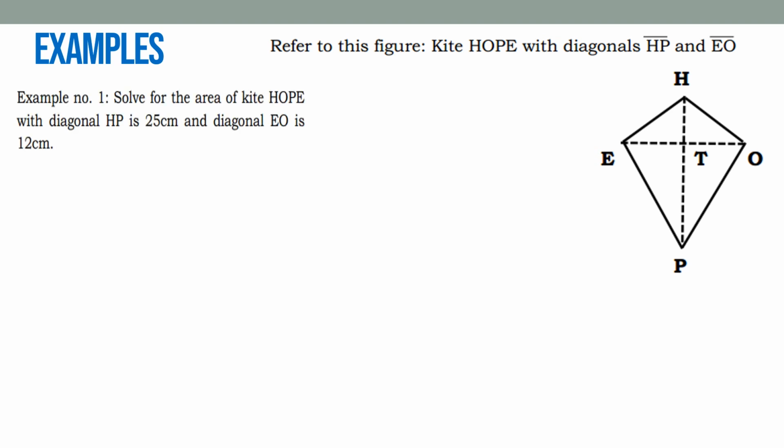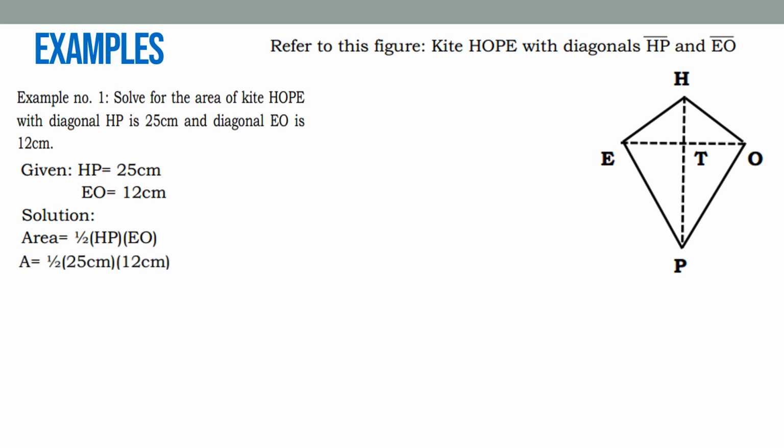Example number 1. Solve for the area of the kite HOPE with diagonal HP equal to 25 cm and diagonal EO equal to 12 cm. Given HP equals 25 cm and EO equals 12 cm. Using the formula, area is equal to 1/2 times HP times EO, because the area of the kite is equal to half of the product of its diagonals.